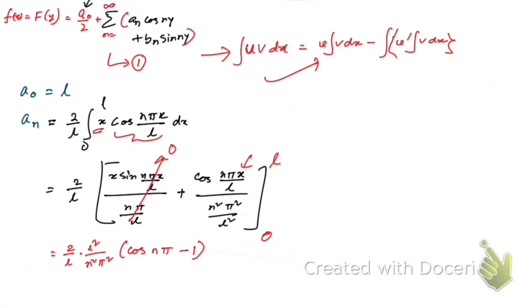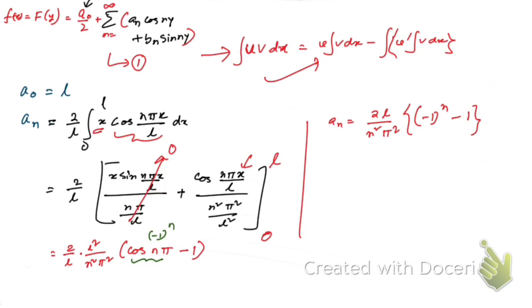Cancel the terms which can be cancelled. We know the value of cos nπ is (-1) to the power n. After simplification, we get an equal to 2L by n²π² times ((-1)^n minus 1).